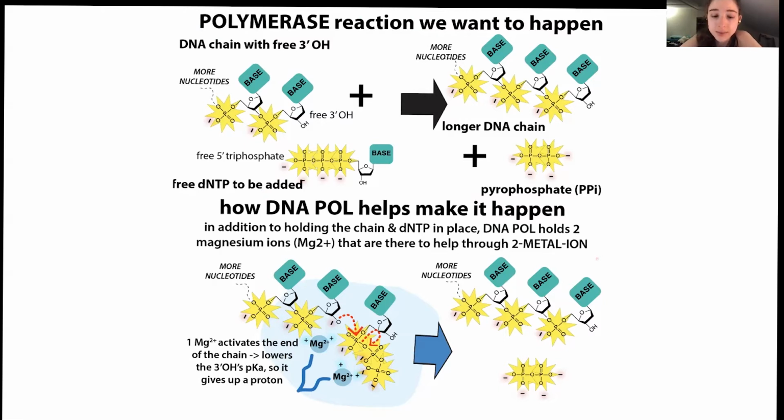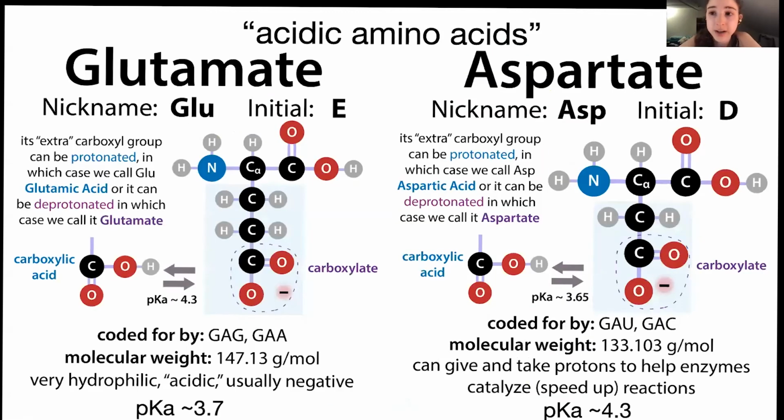And the magnesium is held in the active site by some important acidic residues. We talked yesterday about acidic versus basic residues, and when we're talking about acidic residues, we are talking about glutamate or aspartate, which are negatively charged.